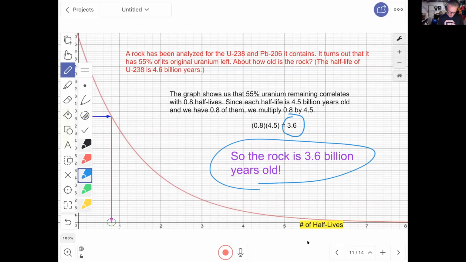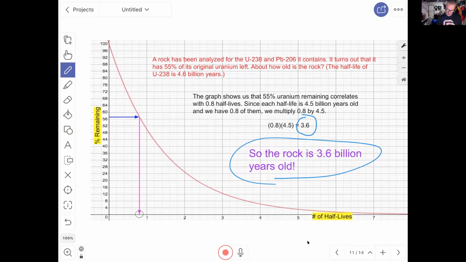So if you look, you could do this for any rock, for any age, depending on how much uranium it has. And how do we know what it started with? Well, we know because of the lead that's in the rock.